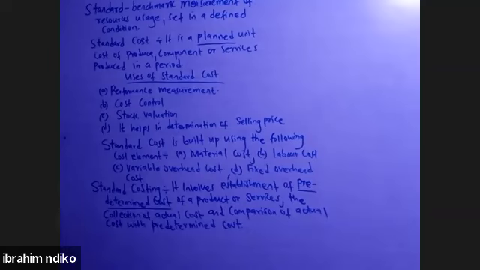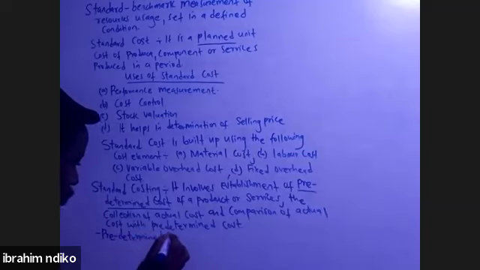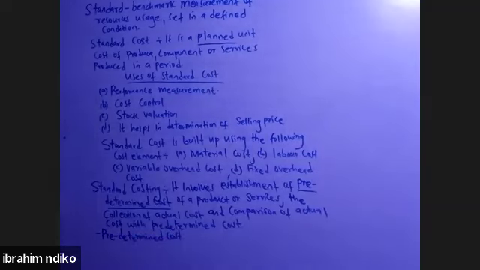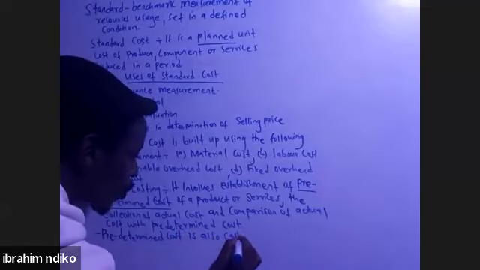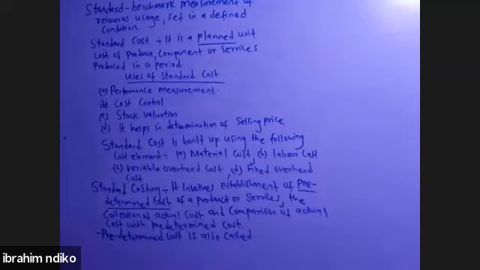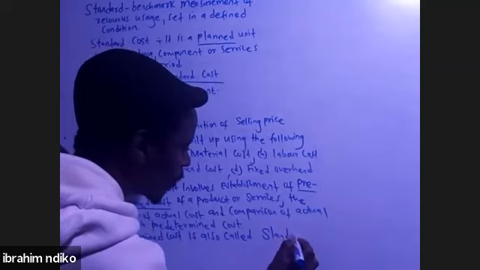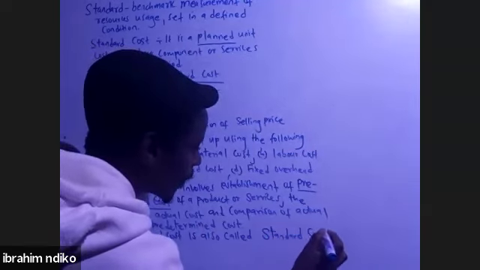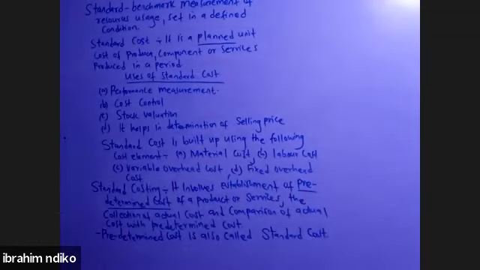Now, predetermined cost is also called standard cost. We said standard cost earlier. Here, standard cost refers to the expected cost in units.